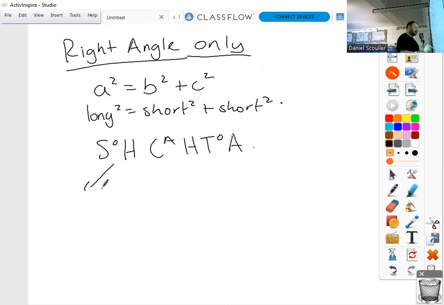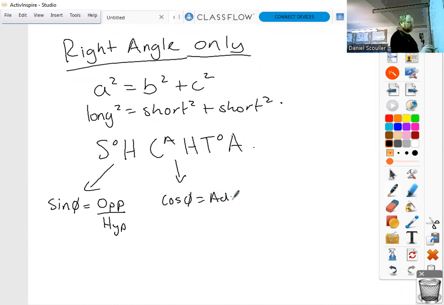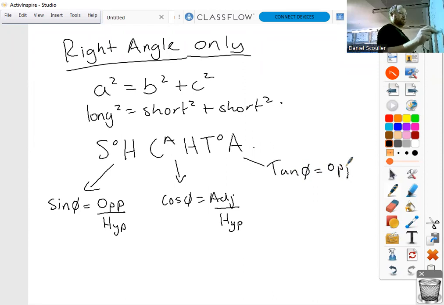Now these only apply to right angle triangles. So that's sine of the angle equals opposite over hypotenuse. Cos of the angle equals adjacent over hypotenuse. And tan of the angle equals opposite over adjacent. Only right angles.